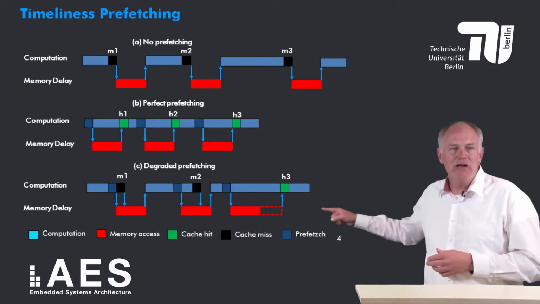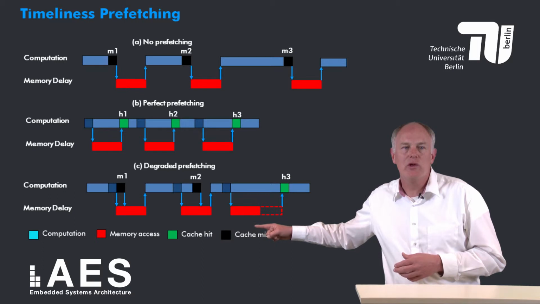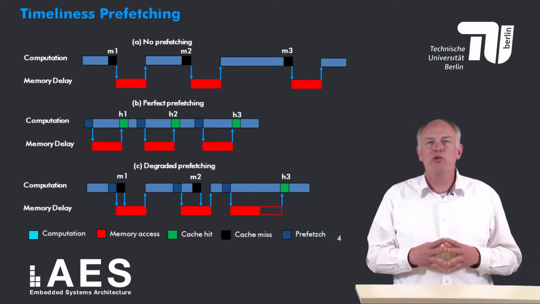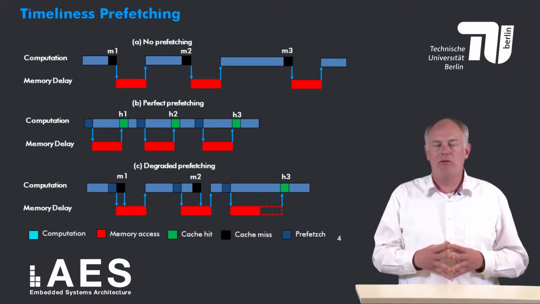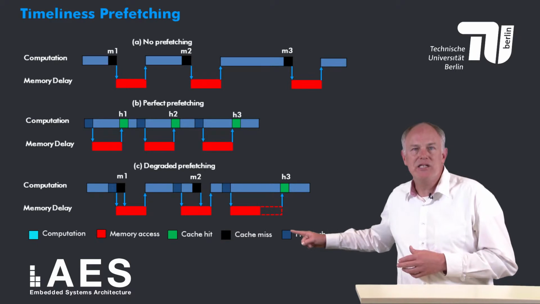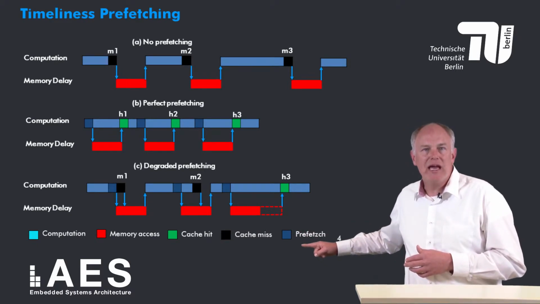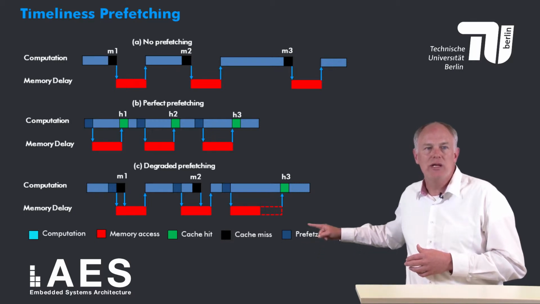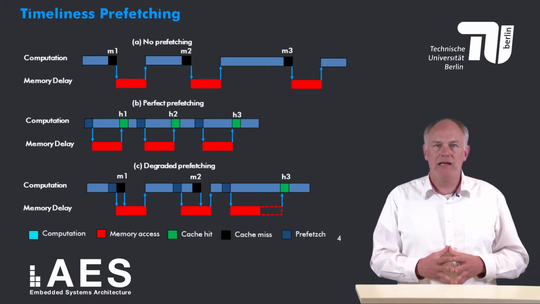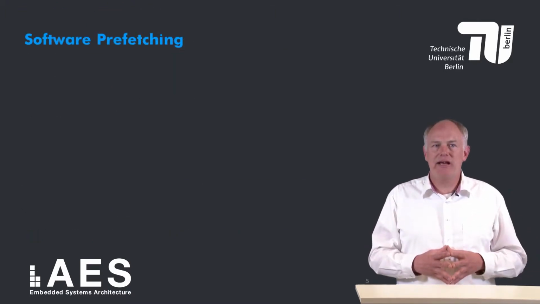The second prefetch is issued a bit longer before its actual use, here indicated by M2, but still the CPU has to stall for a large number of hit-wait cycles. Finally, the third prefetch is issued too early. The data is present in the cache long before it is used here and might have replaced other data that is still needed. I will now discuss software prefetching techniques.